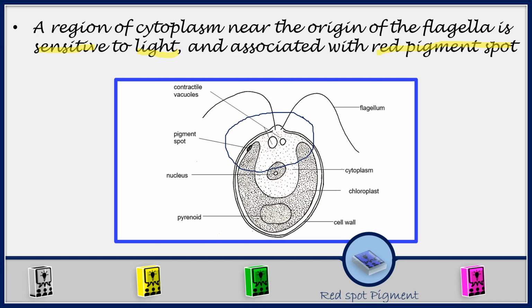And in that area, we find a red pigment spot. This spot we are seeing here is called the pigment spot, and it is sensitive to light.